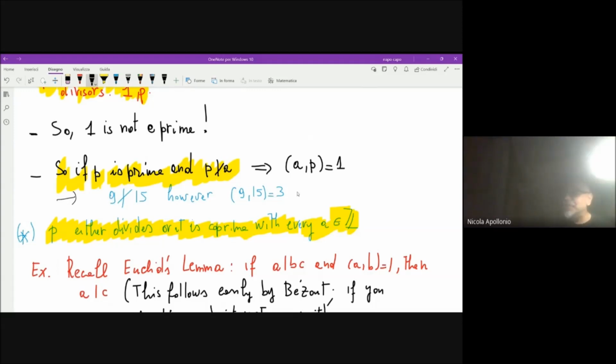A number which is not prime is said to be composite because a composite number can always be written as A times B for two integers A and B, both different from one. So a composite number is a number which is not prime, and therefore it has two positive divisors, both different from one.